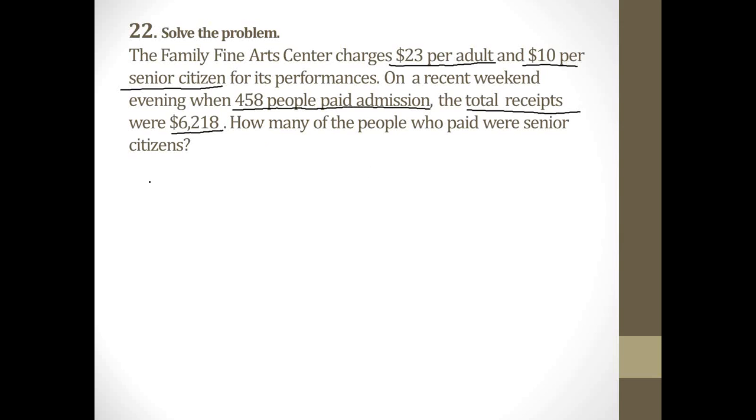We can use the first equation to add the total number of people. So let's call our adults x and our senior citizens y. When we add the adults and the senior citizens, we should get the total number of people that paid for admission. That will be our first equation.